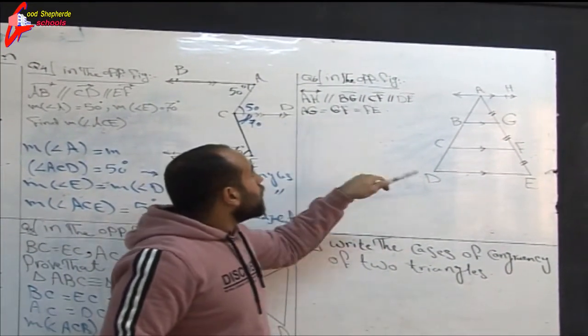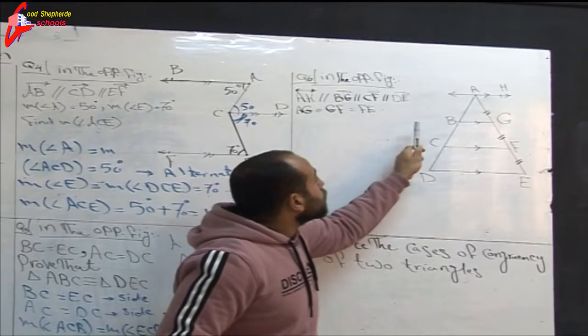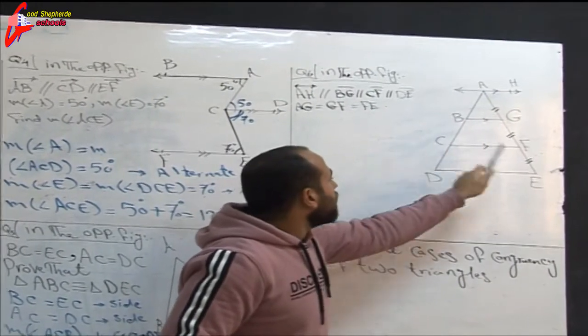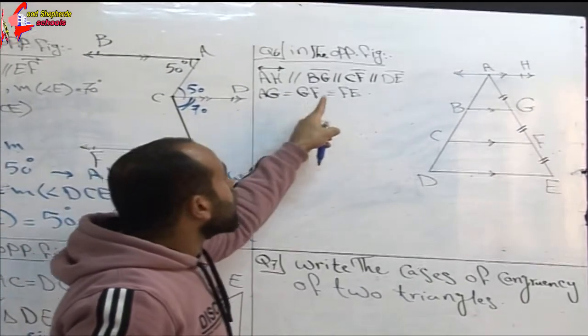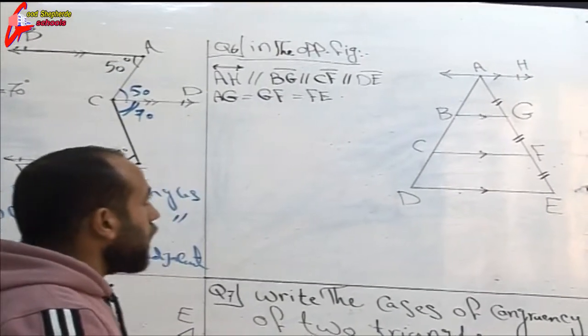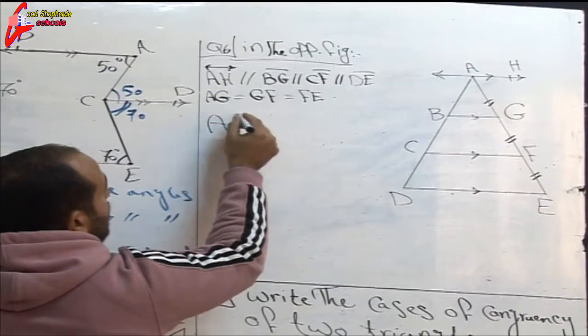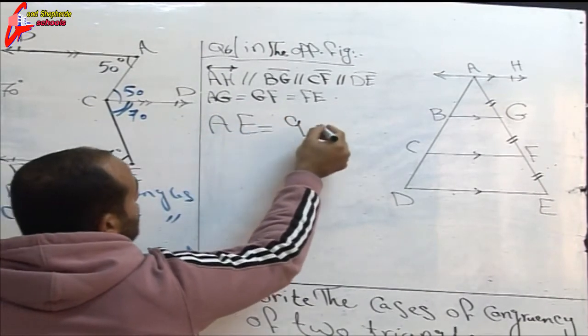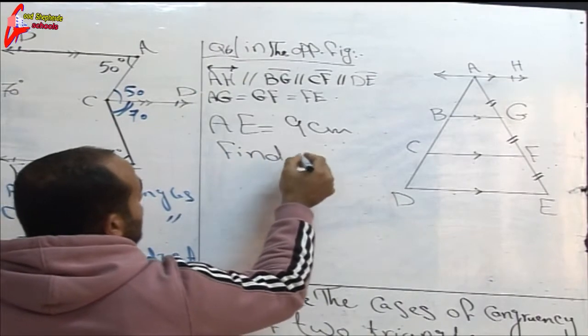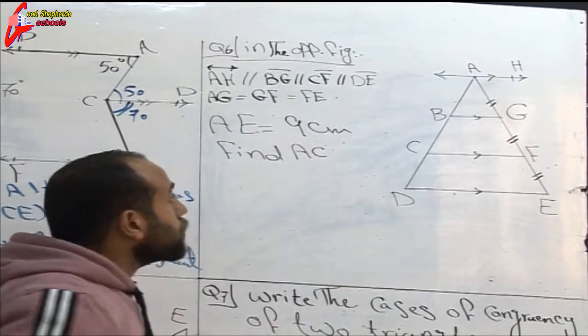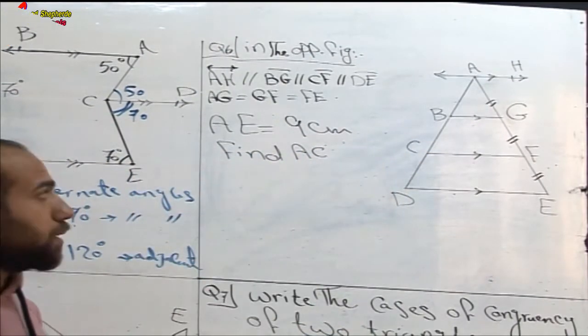In the opposite figure, I have AH parallel to BG, parallel to CF, parallel to DE, and AG equals GF equals FE. It's given that AE equals 9 centimeters. Find AC. He wants us to find the length of AC.